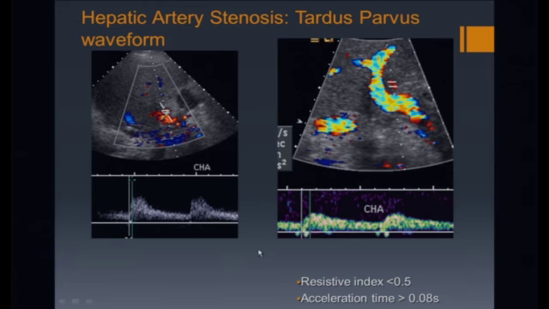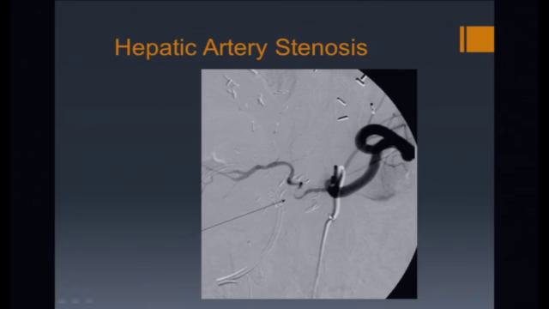And this is known as the Tardus Parvus waveform. And here is the corresponding angiogram. Here we see a stenosis within the hepatic artery on this angiogram, and a stenosis in the hepatic artery proximally will create a Tardus Parvus waveform in the hepatic artery distally, which is where you are interrogating the vessel with Doppler ultrasound.